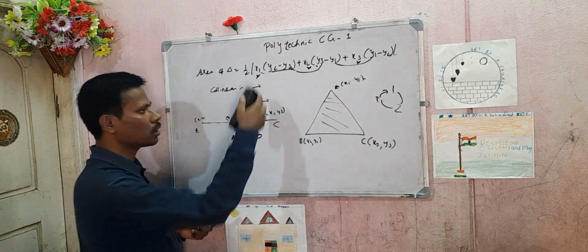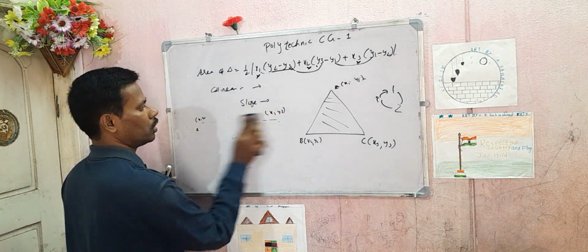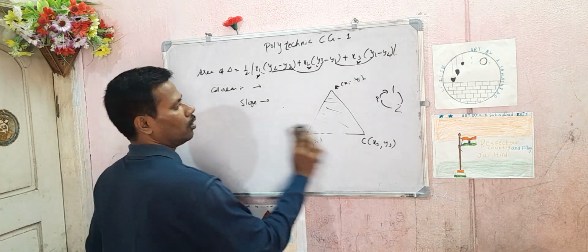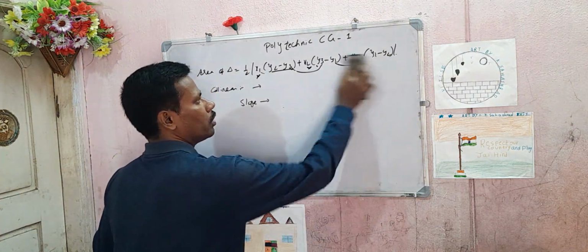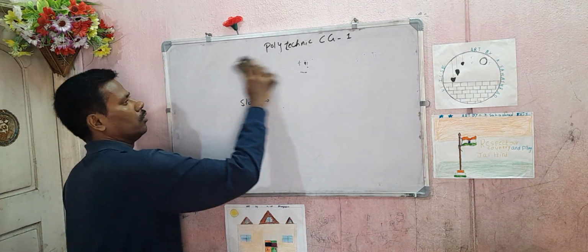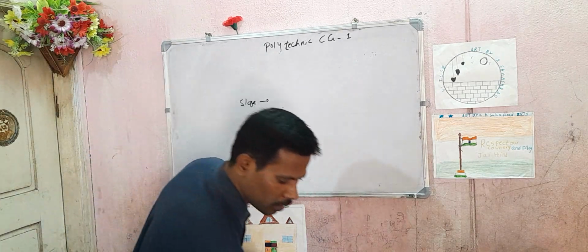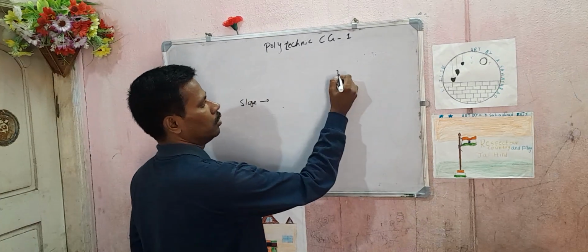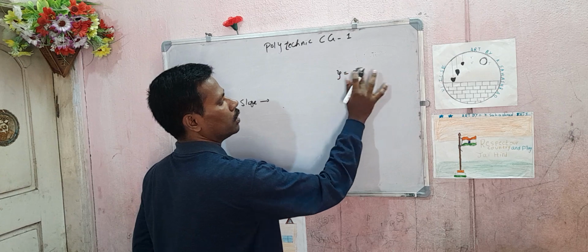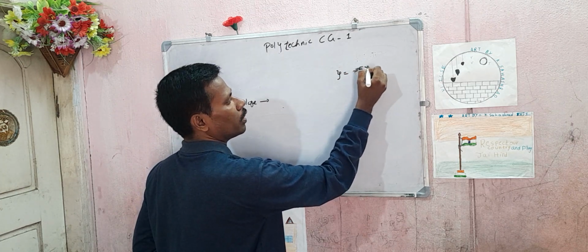Next we will discuss slope. What is slope? Just now I told you slope is nothing but the ratio of y coordinate by x coordinate. Suppose they give like this: y is equal to 5x.